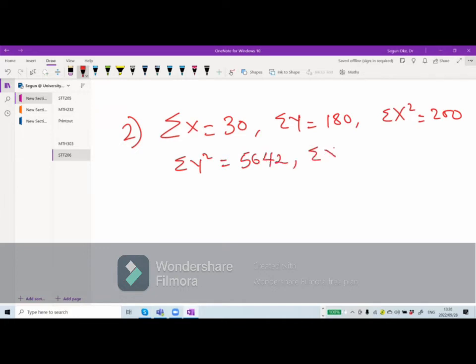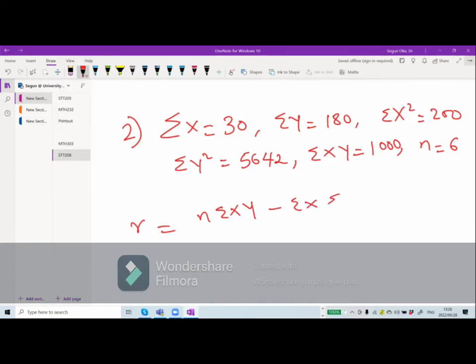Then summation Y is 1,000. Then N is 6. So you know your formula: R equals N summation XY minus summation X summation Y, divided by the square root of N summation X squared minus summation X all squared.